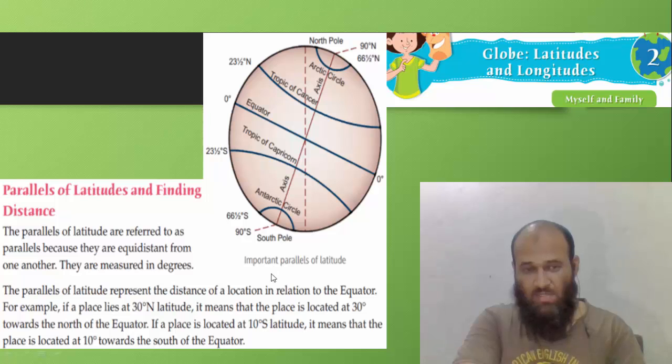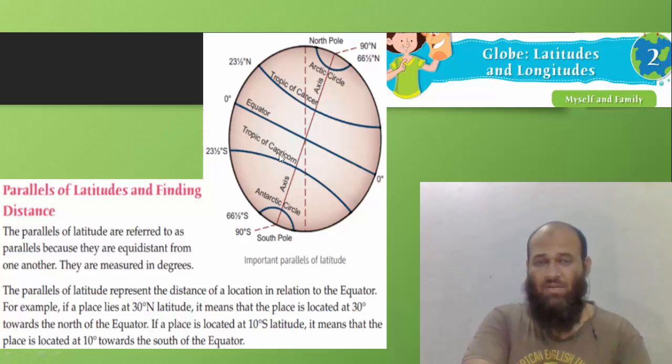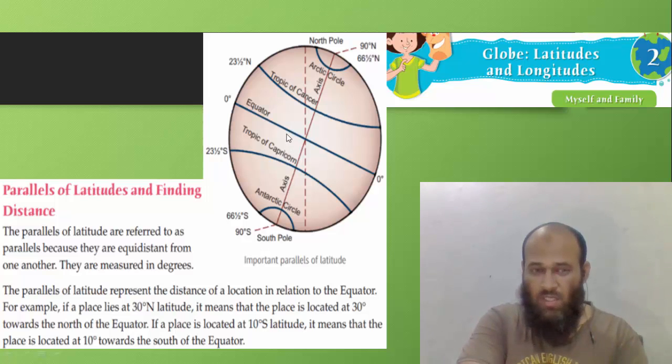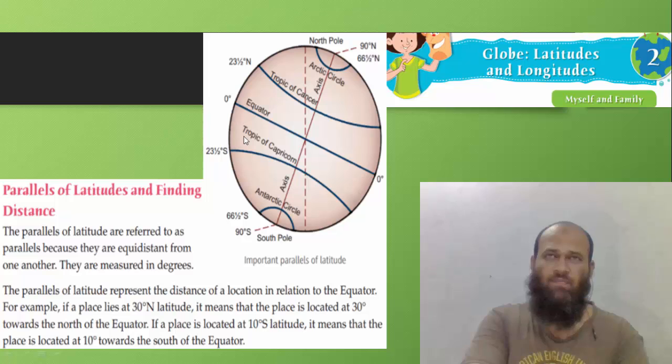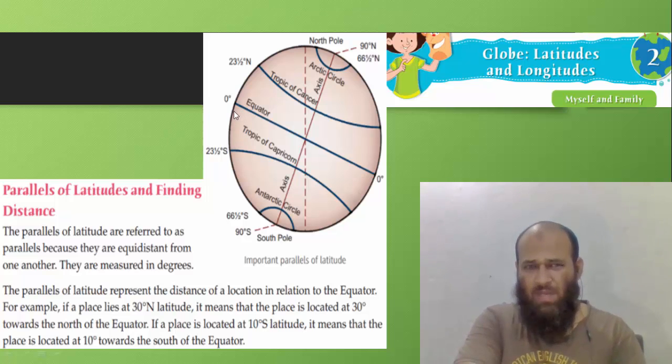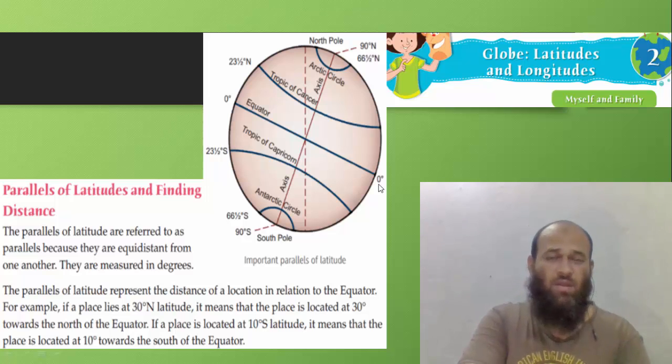And at the same time, if a place is at 10 degrees south latitude, it means that the place is located 10 degrees towards the south of the equator. You need to come down from the equator 10 degrees. So that place can be at any point along 10 degrees south of the equator.